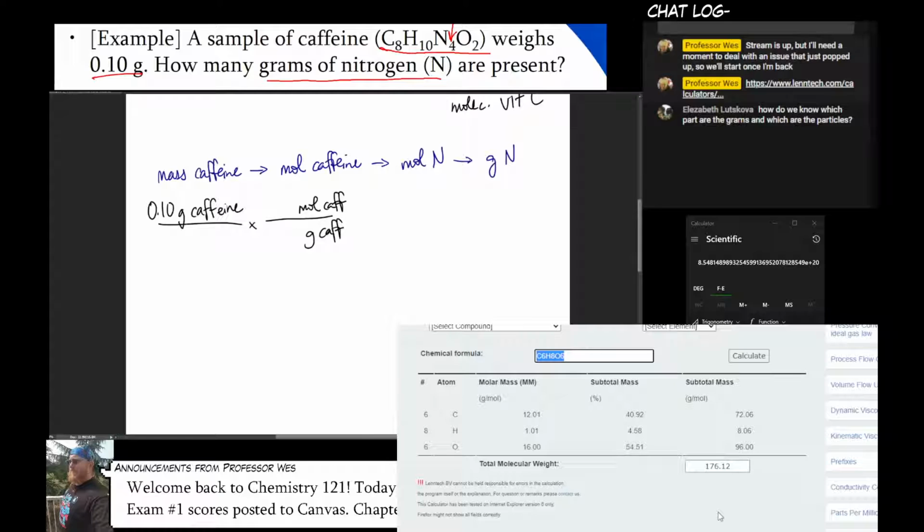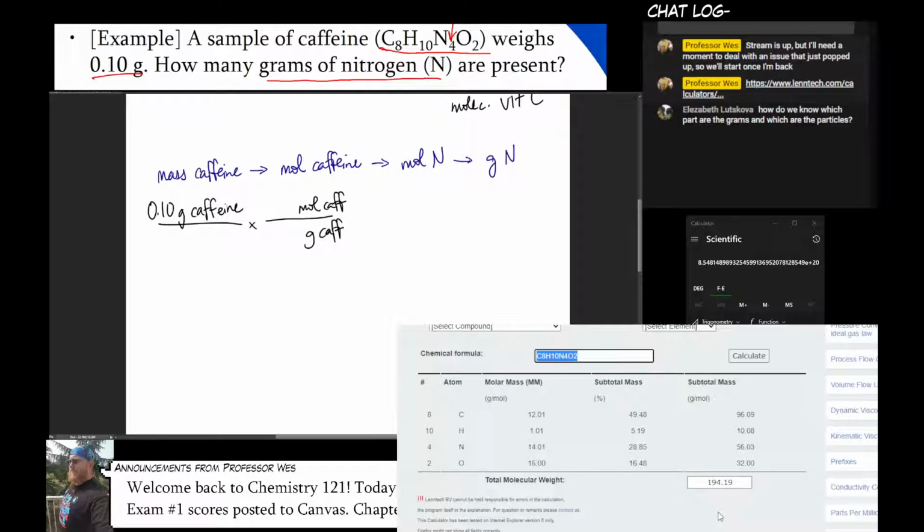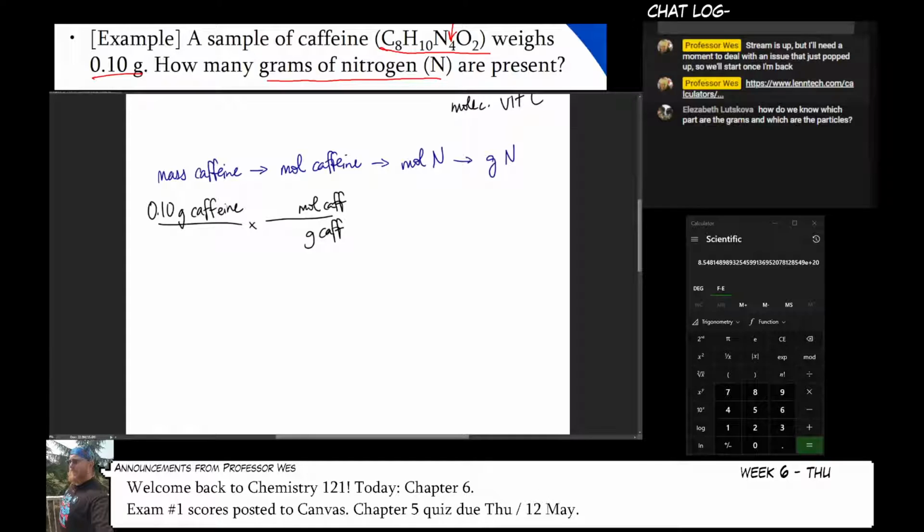So caffeine is C8H10N4O2. So it says 194.19 grams per mole. So we'll write that in our calculation here.